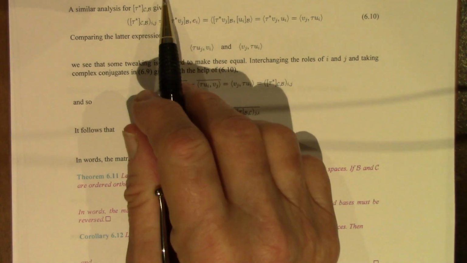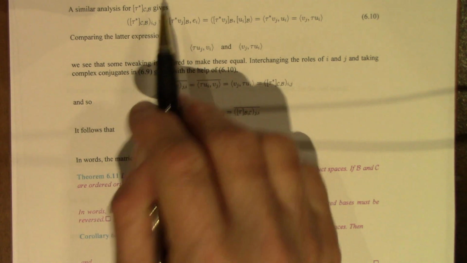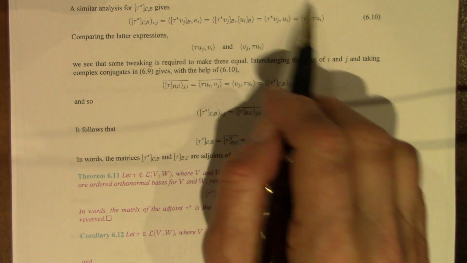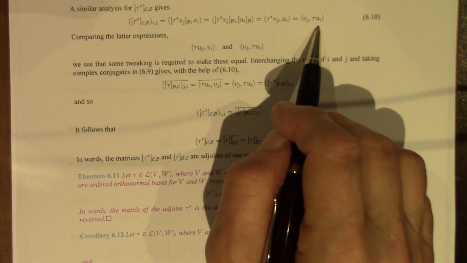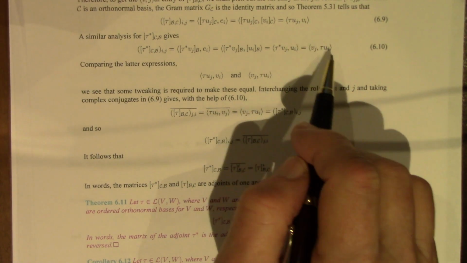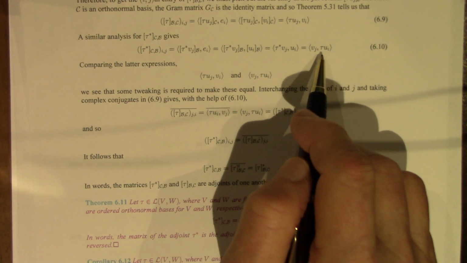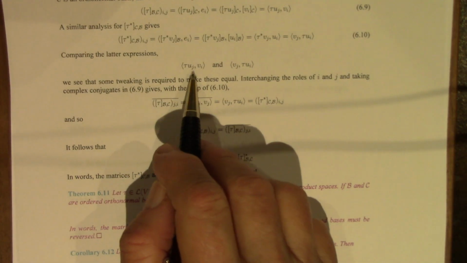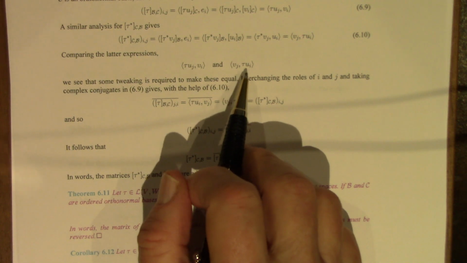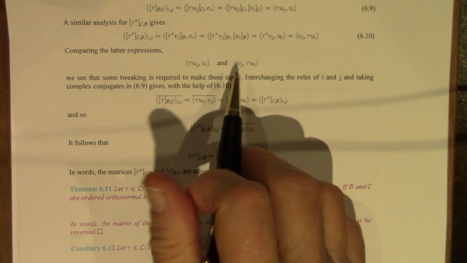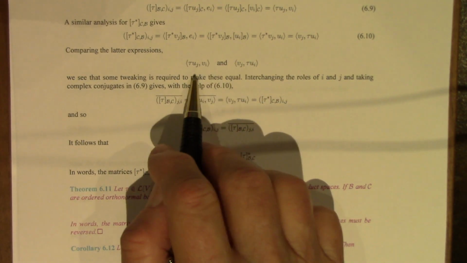Now, we're trying to compare these two matrices, so here's a comparison of their individual entries, corresponding entries. And you can see that they're quite similar, but not the same. Here are the two expressions. So we stare at these and say, how do we change one so that we can get these to be the same? The official formal term for that is tweaking.